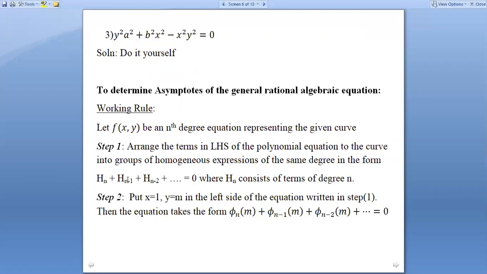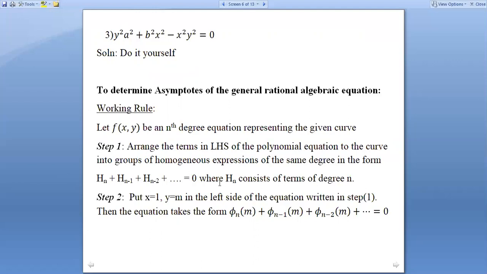Now hn minus 1 is all the terms having degree n minus 1. So in case n is 3, then all third degree terms I will combine into h3, second degree terms I will combine into h2, first degree terms I combine into h1, and the constants I keep as h0. So this is how you segregate the expression.